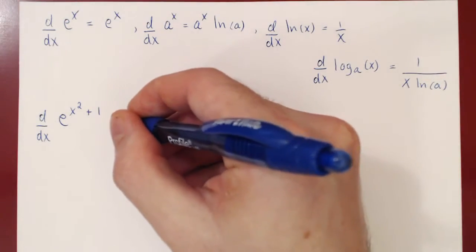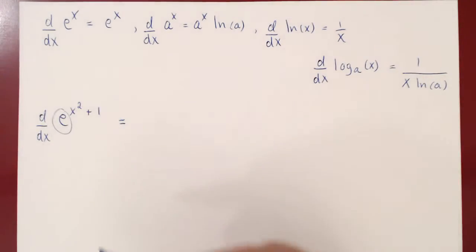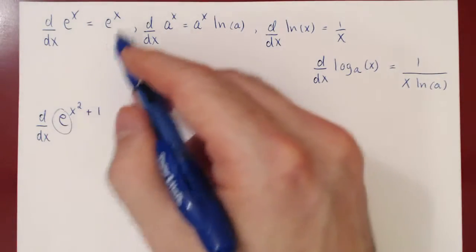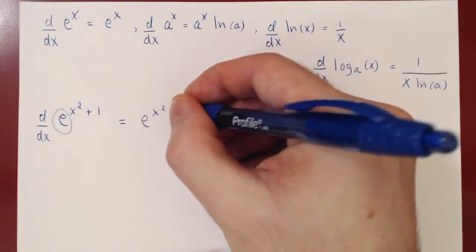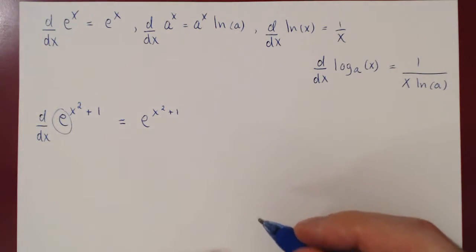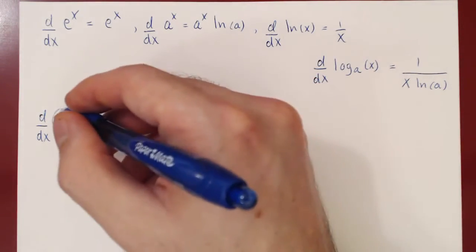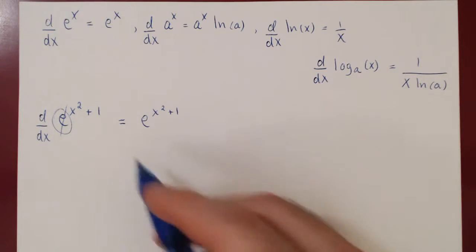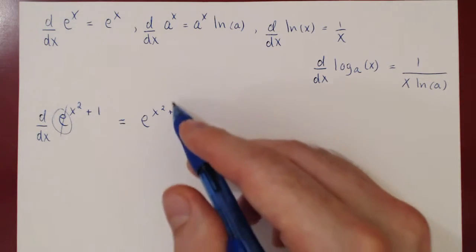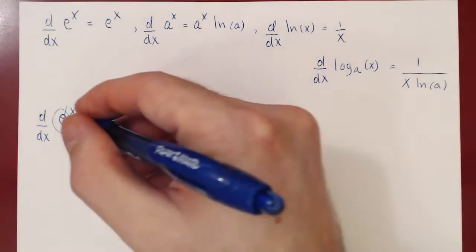By the chain rule, we have to differentiate the outer function first, which is the exponential, and the derivative of the exponential is itself. So we'll get e to the x squared plus 1. That only takes care of the outside function, so we scratch off the e. The chain rule says if there's something left over, we multiply what we have so far by the derivative of what's left over.